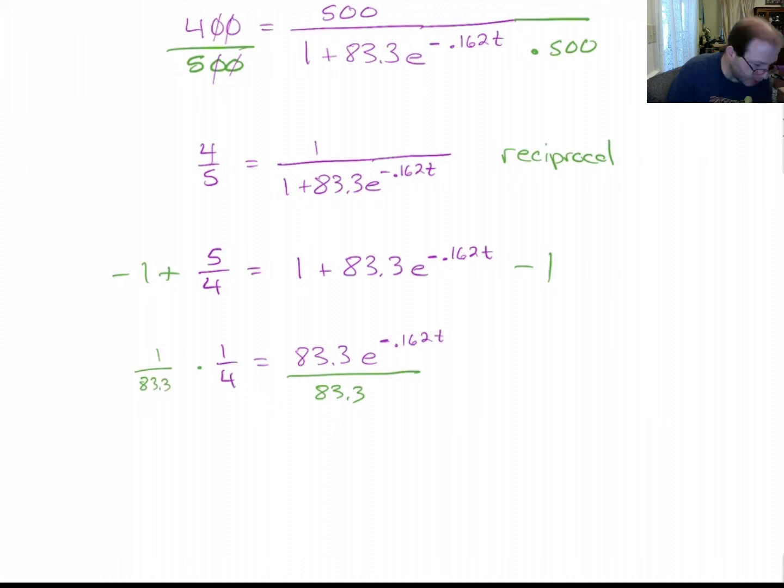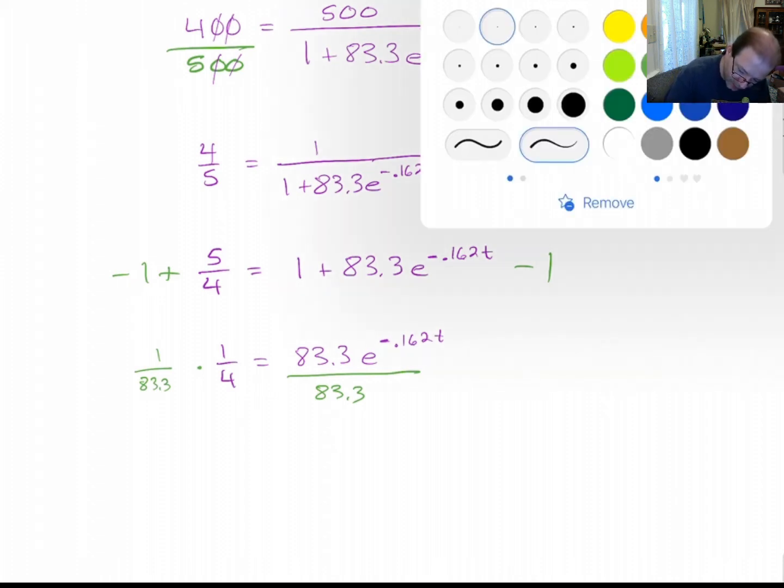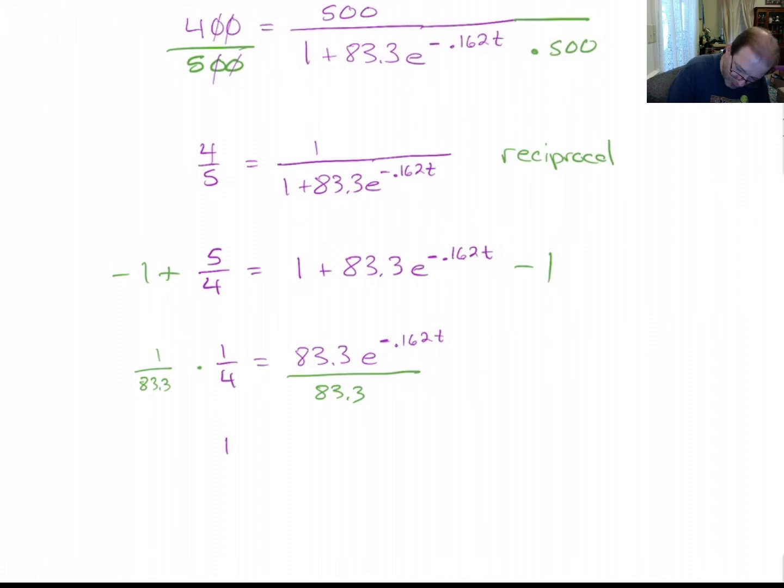So this side over here is 83.3 times 4, which is 333.2. So this side is 1 over 333.2 equals e to the minus 0.162 t.